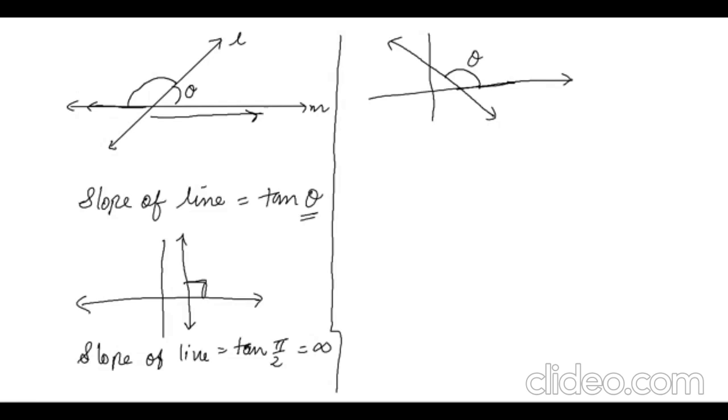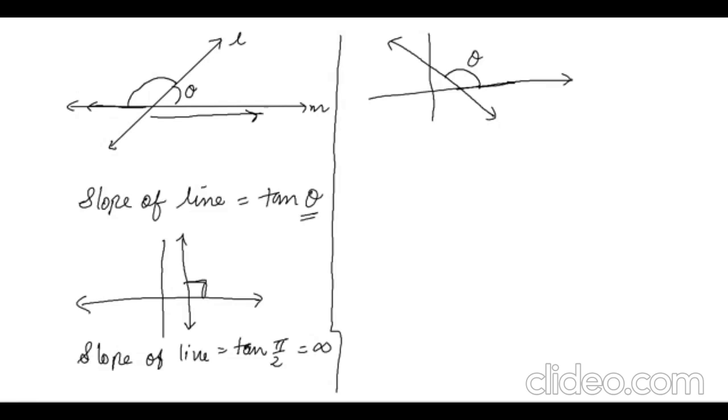So you can easily interpret the orientation of any line with the positive direction of x-axis just by knowing the value of the slope of a line, right?